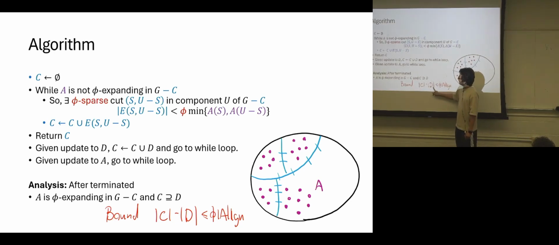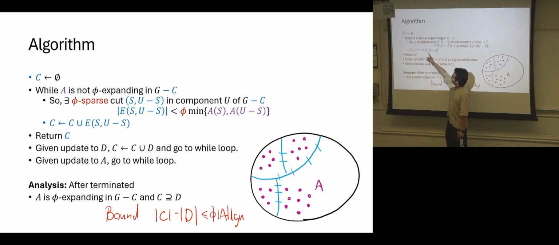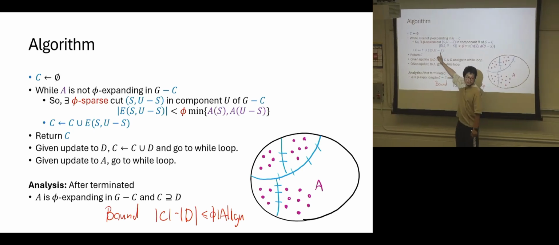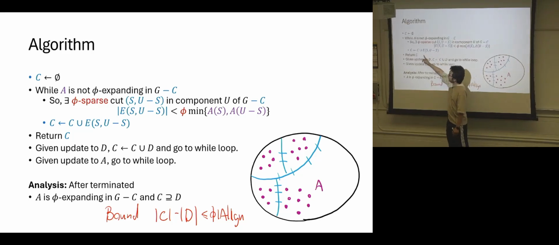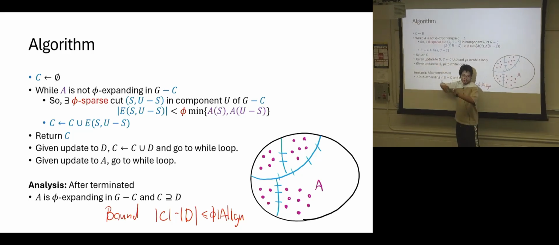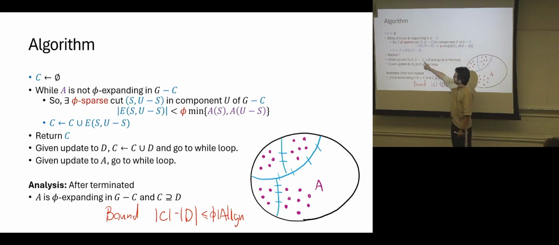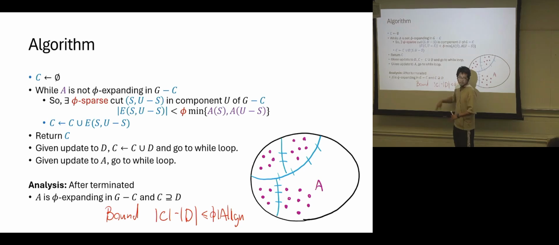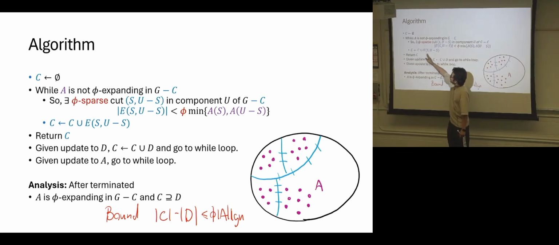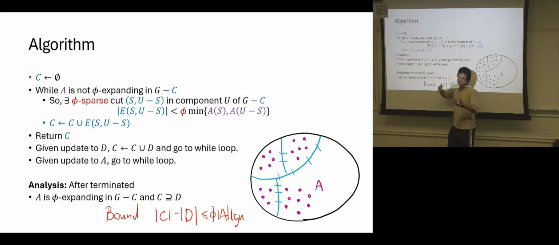It increases when you find a sparse cut and add this sparse cut into your set C. This is when both D and C increase. So whenever you find a new sparse cut, you have some money to pay for the new cut edges.